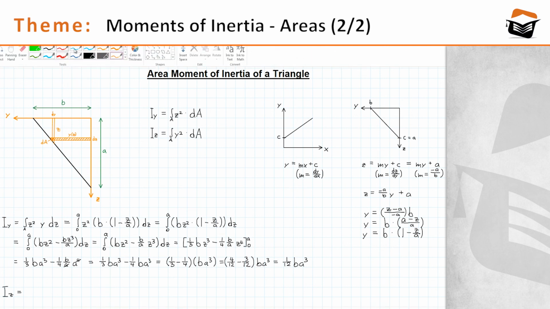And the equation that you would need to use is this one. So integrating over the whole area of y squared times dA, and then your dA is equal to z times dy, and your z will be basically this equation.